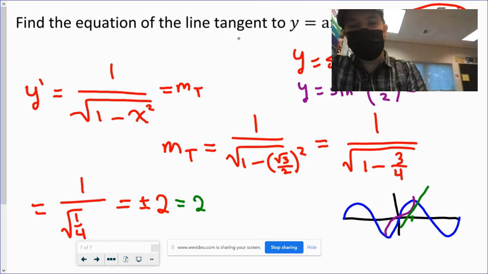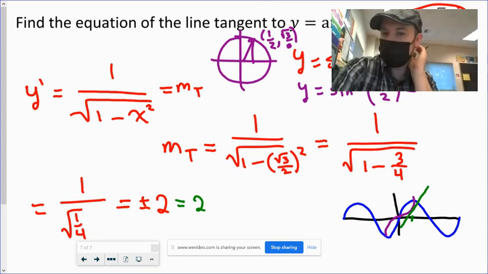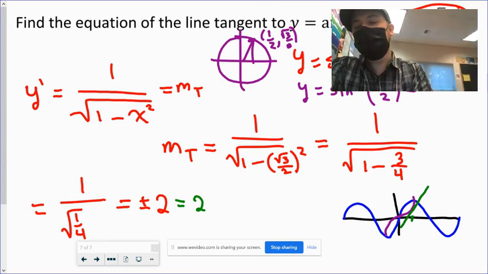I'll draw it. Right there. We're talking about this triangle right there. That's the angle. That's the one that has a y value. The x value is 1/2, and the y value is the square root of 3 over 2. And that angle measure is pi over 3 radians. So the sine inverse of the square root of 3 over 2 is pi over 3 radians.